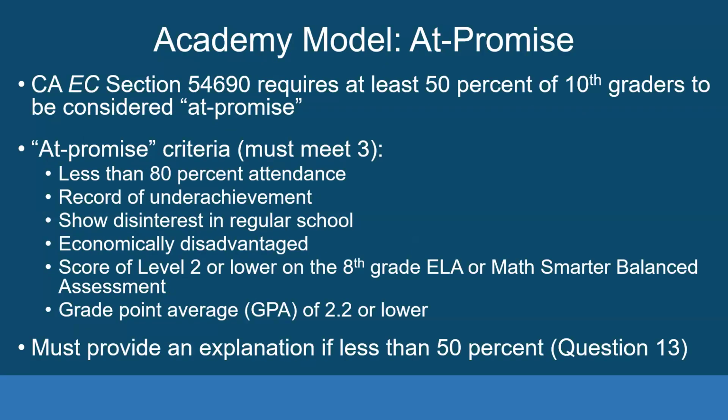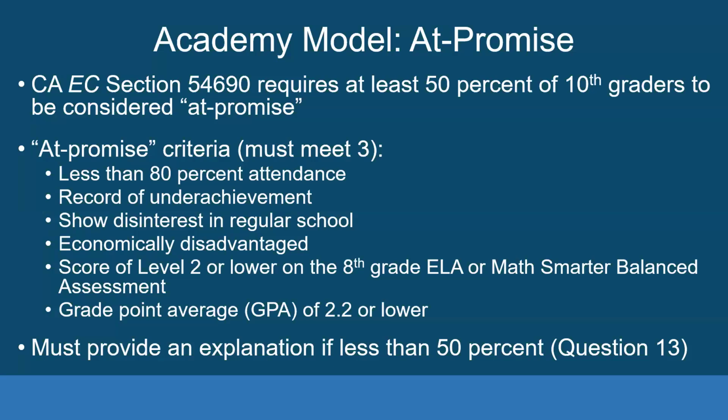All right. So, another piece of this academy model is determining your number of at-promise students, right? Your percentage of at-promise students. So keep in mind that we're only thinking about 10th grade students when we look at promise, right? Because the goal is to recruit students to this program that might be hitting some of this at-promise criteria, right?